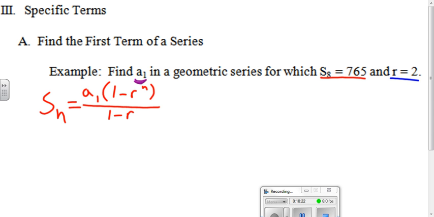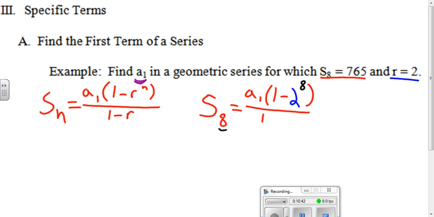So in this case, we know our S sub n, which is actually S sub 8, equals, we don't know a sub 1, we know 1 minus r, which is 2 to the n, and n is this number 8 here, all over 1 minus r, which remember r is 2.